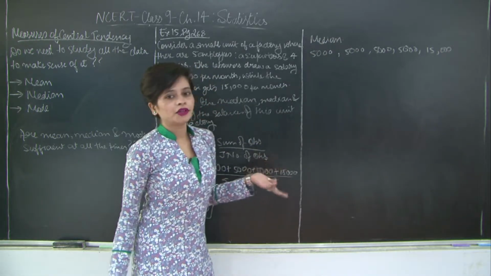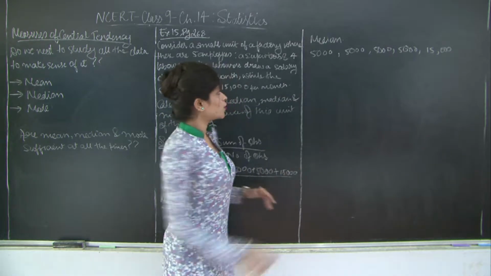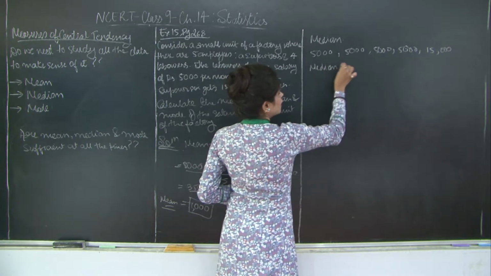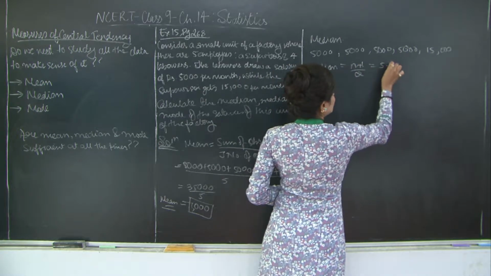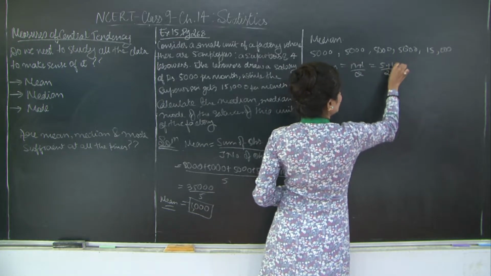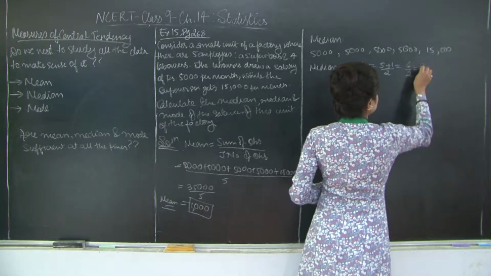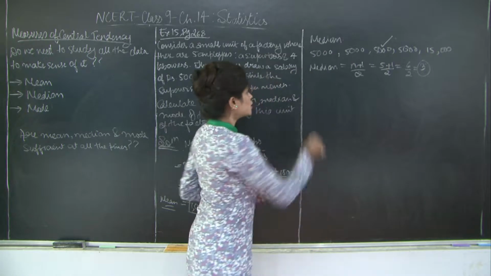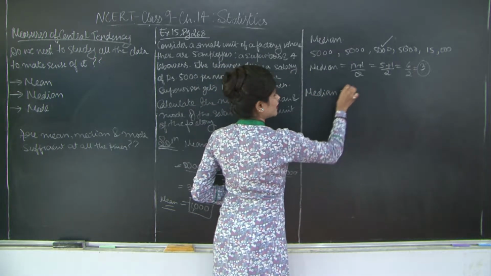We need to pick up the middle value. So now the number of observations is odd, so the median is going to be n plus 1 upon 2, which is equal to 5 plus 1 upon 2. Why 5? Because 5 is the number of observations. So this is 6 upon 2, which is 3. So the third observation is going to be 5,000. So the median is going to be 5,000.